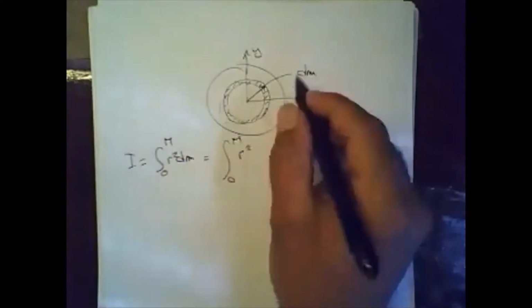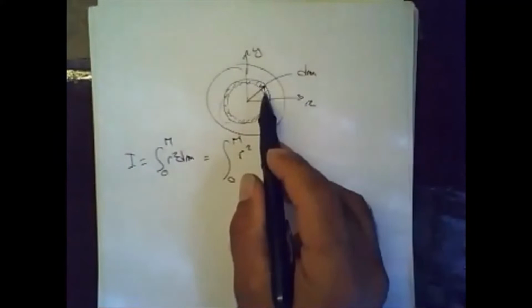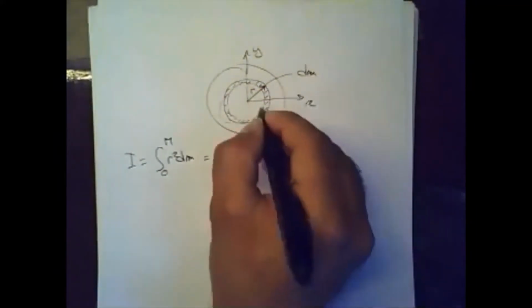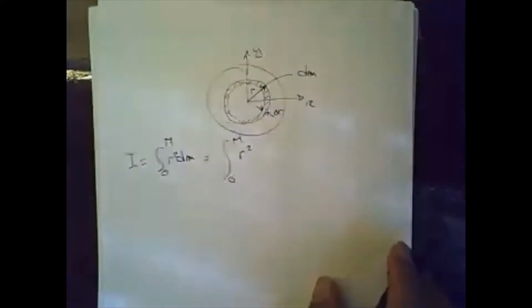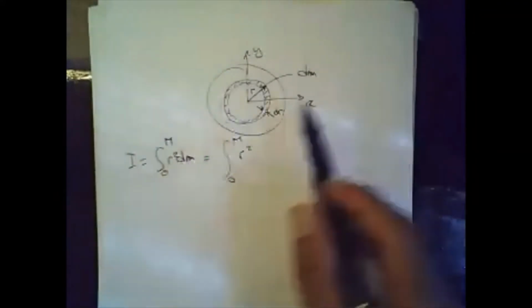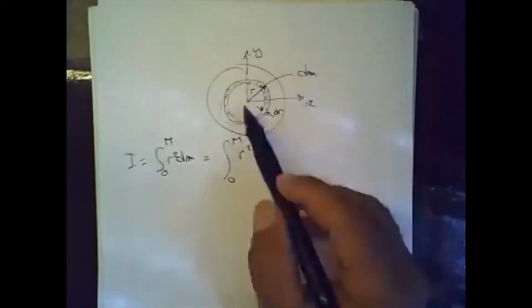So r squared, and what is dm in this case? How can I express dm? This is my radius, and this thickness is going to be equal to my dr. So here dm is that unit mass. I need to express this dm in terms of r.